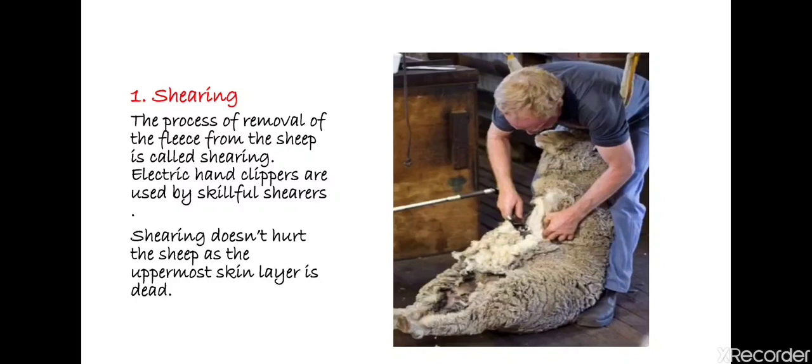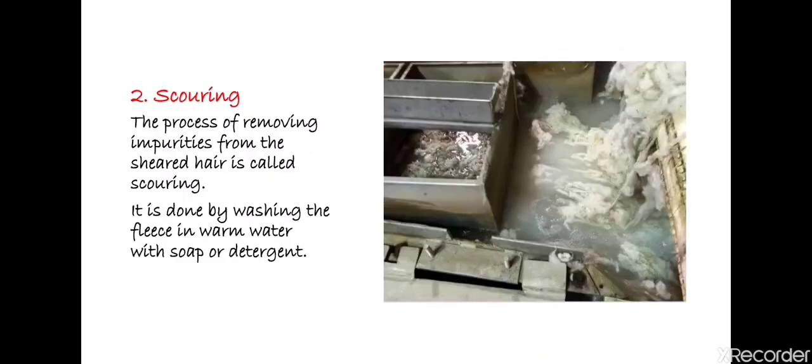And how can it be done? Electric hand clippers are used by some skillful shearers. Shearing does not hurt the sheep, as the outermost skin of the sheep or such animals is dead.